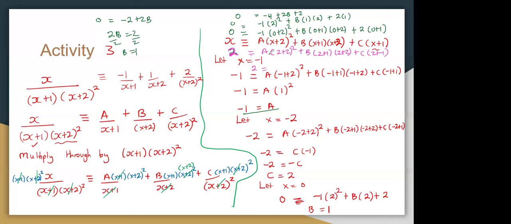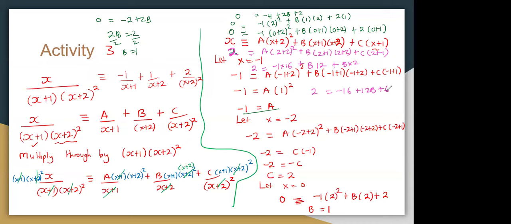Here you have 2 is equal to A, which was -1, 2 plus 2 is 4, 4 squared is 16, plus B, 2 plus 1 is 3, 2 plus 2 is 4, 4 times 3, that is 12, plus 2 plus 1, that is 3, times C, which is 2. So you have 2 is equal to -16 plus 12b plus 6.